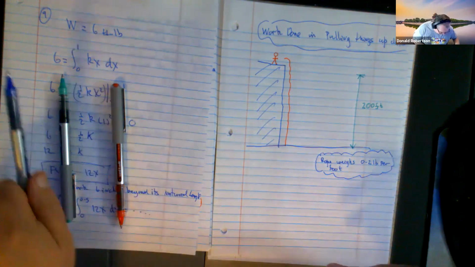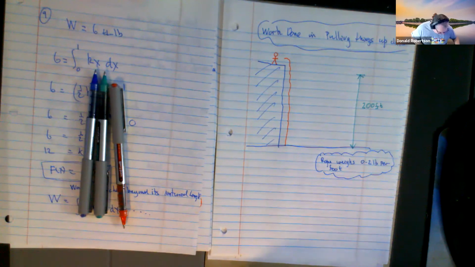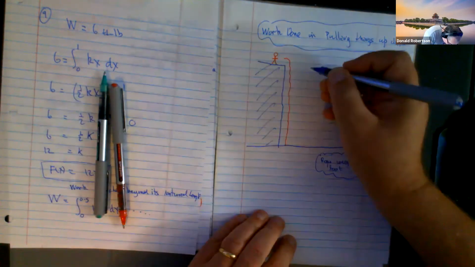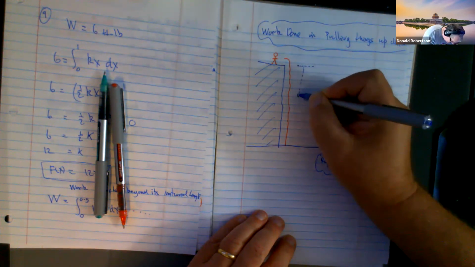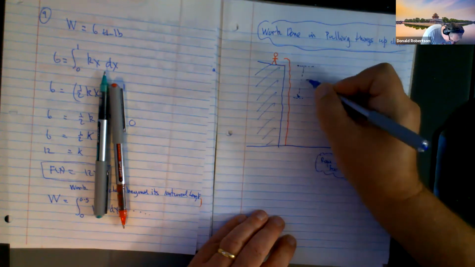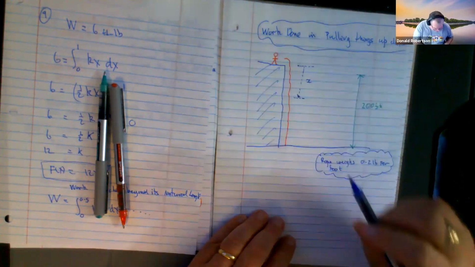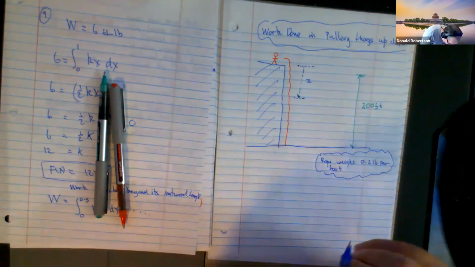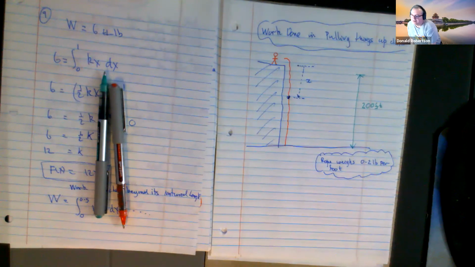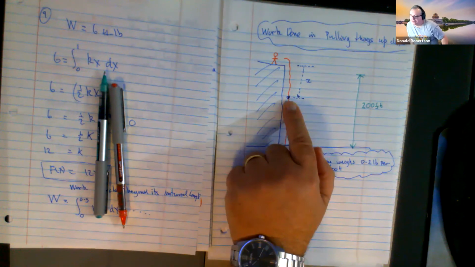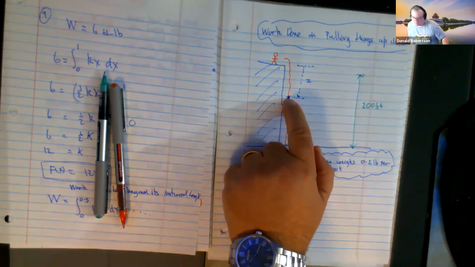So we are going to show you a really cool trick. First thing I'm going to do is describe a part of the journey. I want you to imagine that we're here in this journey, X units above the top of the cliff. I'm going to call that distance X. And what we're going to do is calculate the force function, which is simply the weight of the rope at that point.